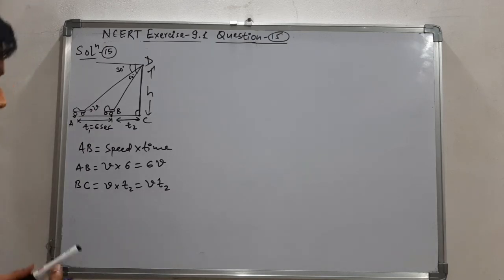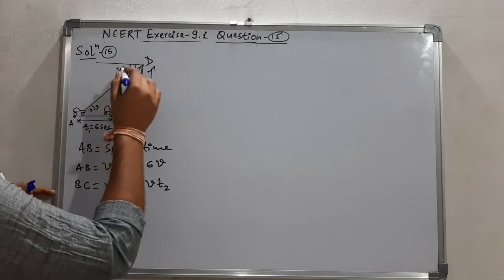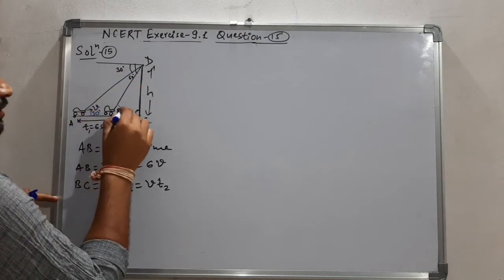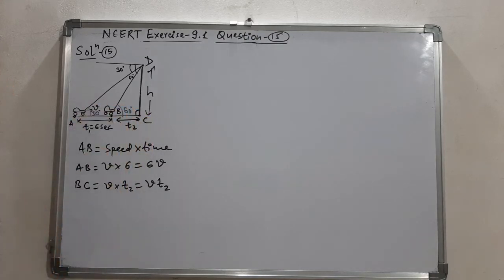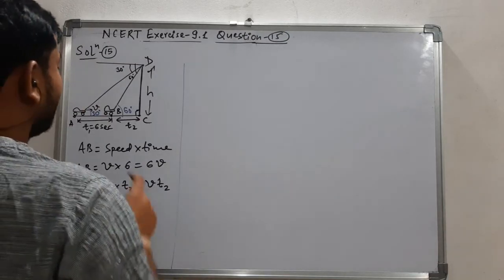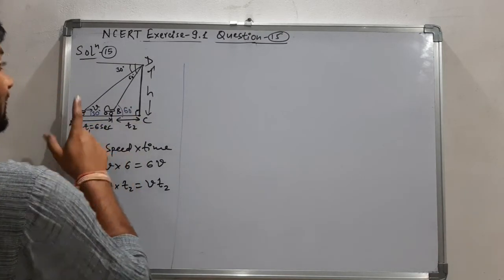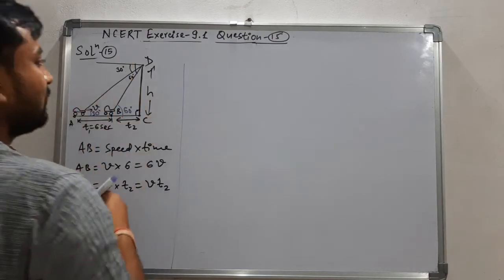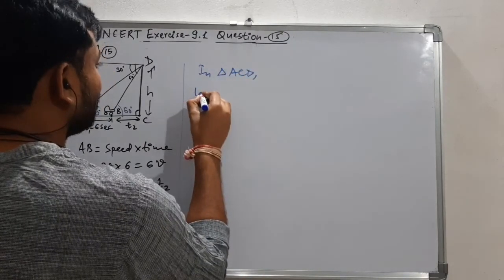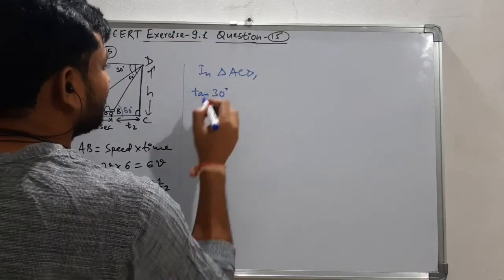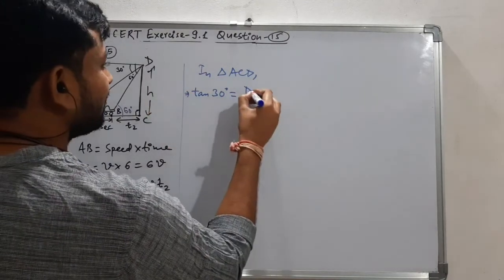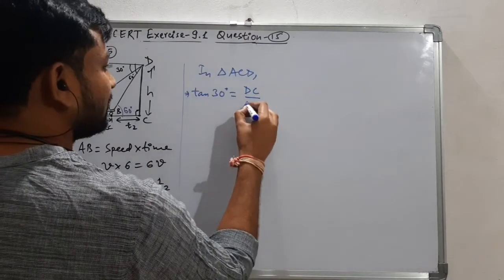Now we can use these two values to calculate the value of t2. Now let us consider these angles here. The angles of depression are 30 and 60 degrees. So this angle will be 30 degrees and this angle will be 60 degrees. Let us consider the triangle ACD first. In triangle ACD, the angle of elevation is 30 degrees. So tan 30 is perpendicular, that is DC, upon base, that is AC.